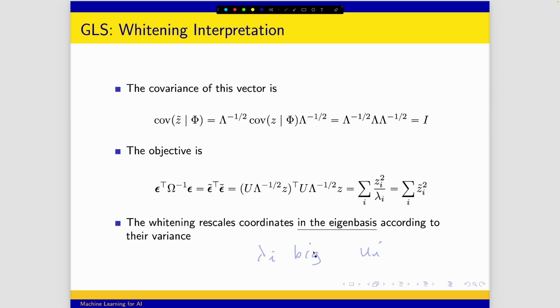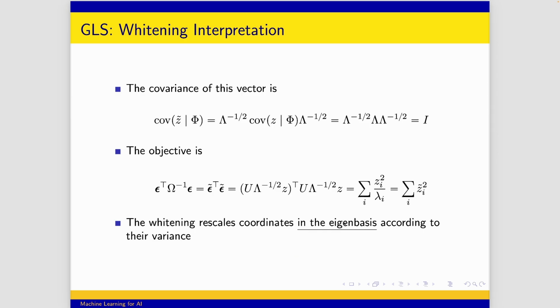If we have a lot of uncertainty, it says, okay, let's downweight this. We're not sure that this is a very accurate reading. On the other hand, if lambda i is small, that suggests we have low uncertainty, we have high confidence. So it doesn't downweight it in that case. It gives it more weight, right? So this is a totally natural thing to do. And you can see now, by writing it in this way, why precisely this generalized least squares idea works.